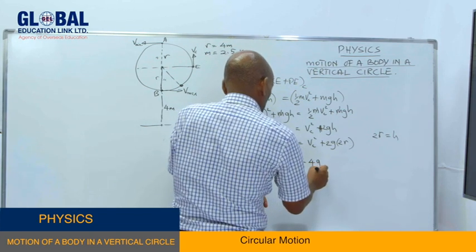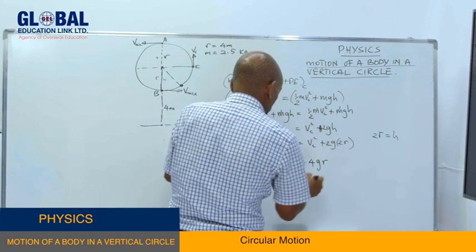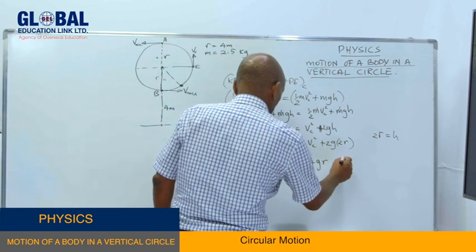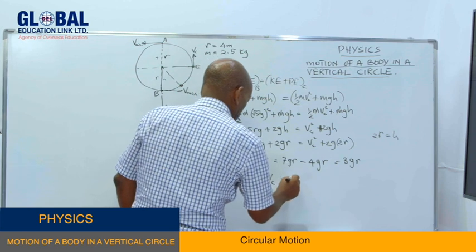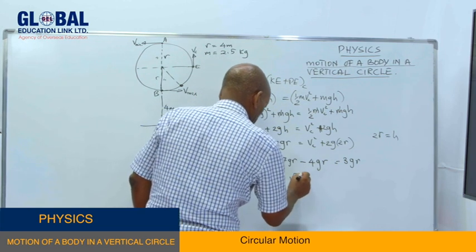That is 4 times gr. 2 times 2 is 4gr. And taking the subtraction here, this is equal to 3gr. So the velocity c will be equal to the square root of 3 times g times r.